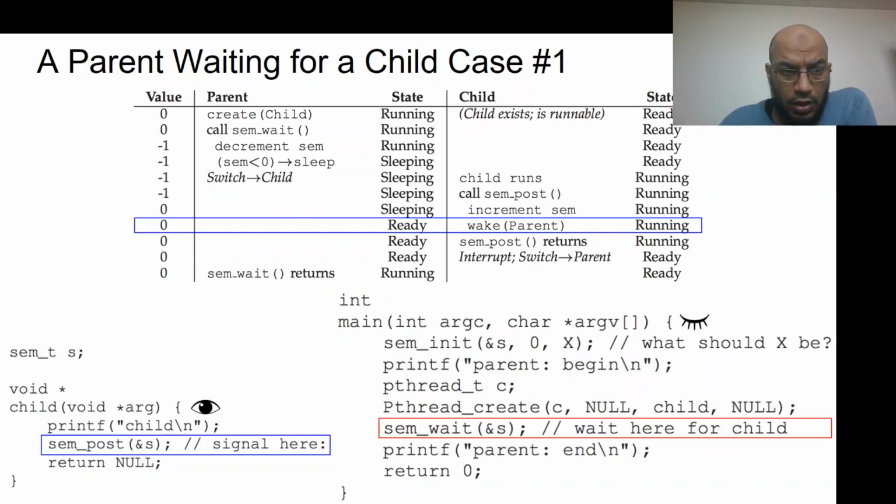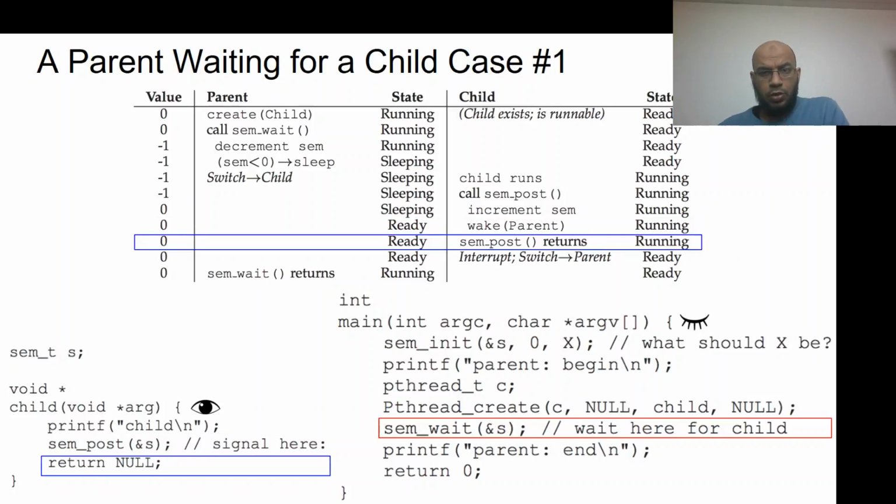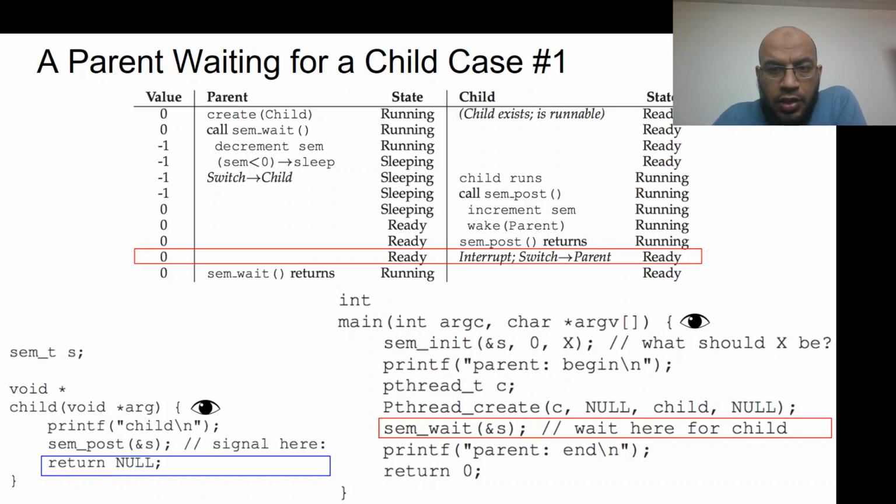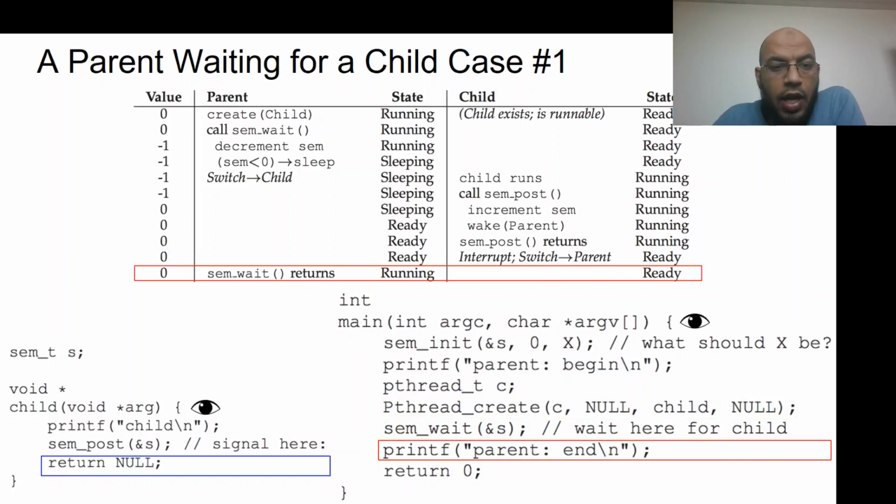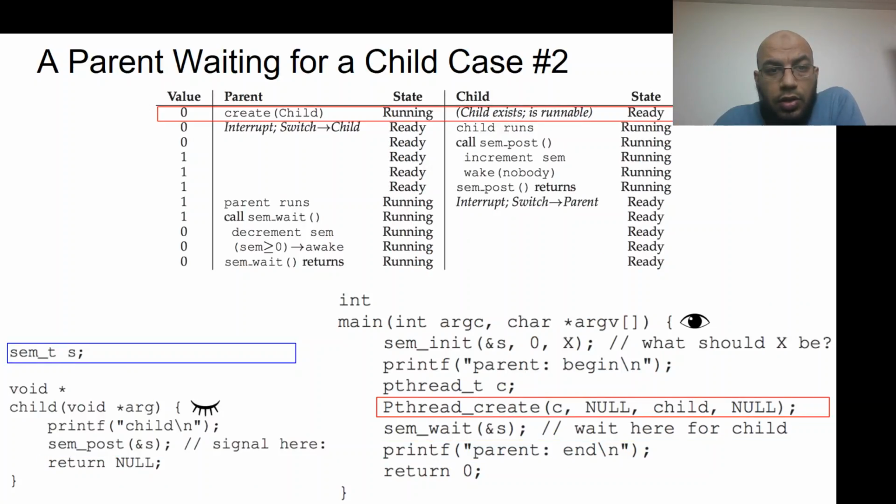The parent now sees that the semaphore is 0. After post comes in and there is the switching, semaphore wait will return, because 0 is not a negative number. Okay, so this is how it is done.